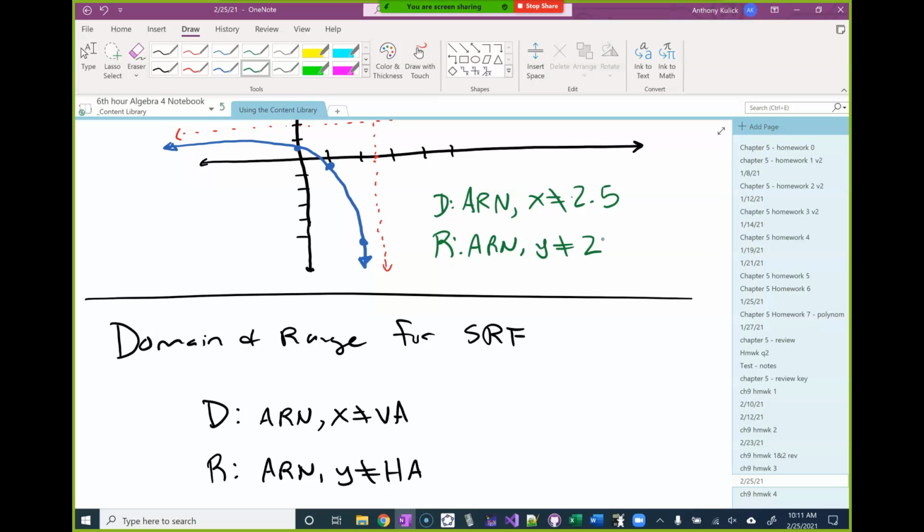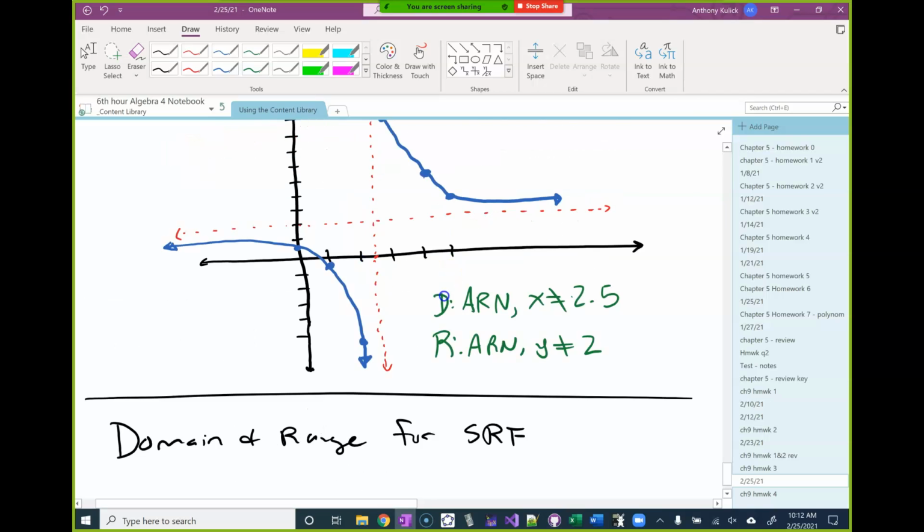And remember again what the domain and range are talking about: the domain is the x coordinates that are used in your graph, and the range is the y coordinates in your graph. So what this is saying is you can pick any x coordinate other than 2.5, and there's a point on your graph that has that x value somewhere.